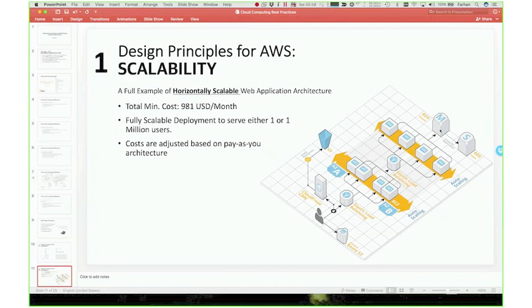Think of it like this: if one user is accessing, your auto scaling would kill all the servers and just keep on running maybe one server, and you would just pay 981 USD a month for running one server instance, or the minimum instance that you want to run.